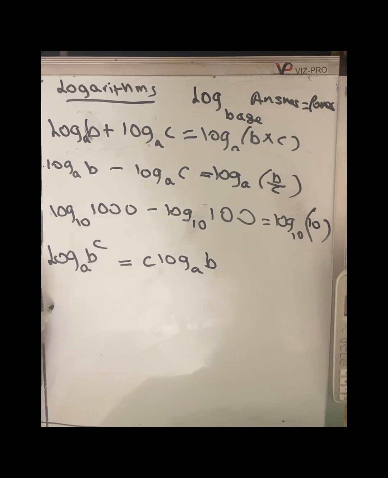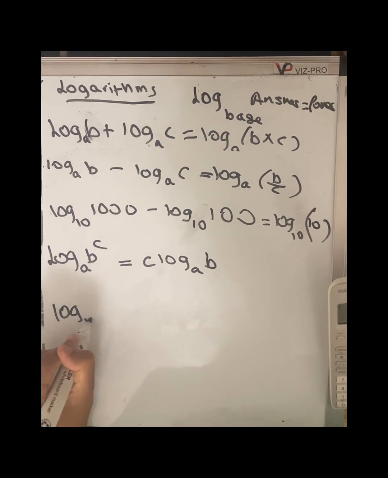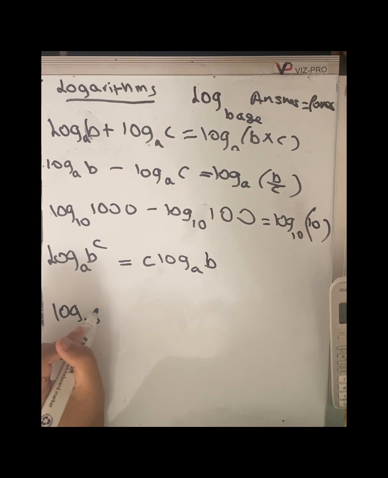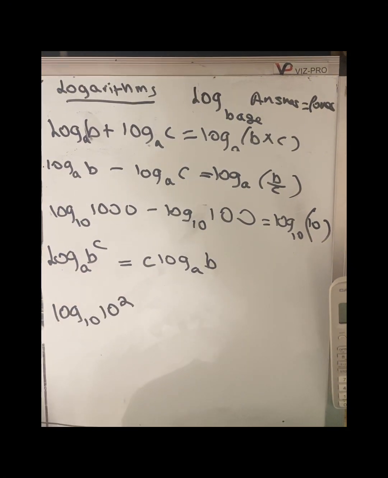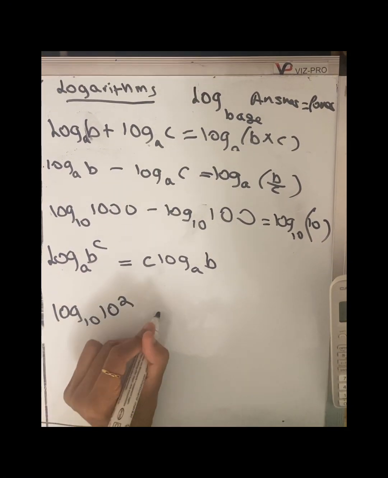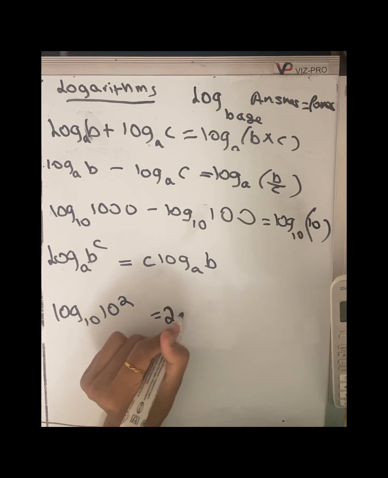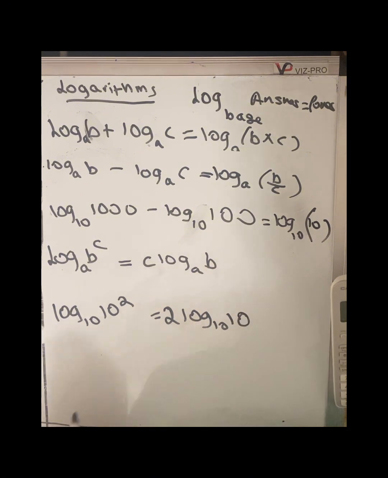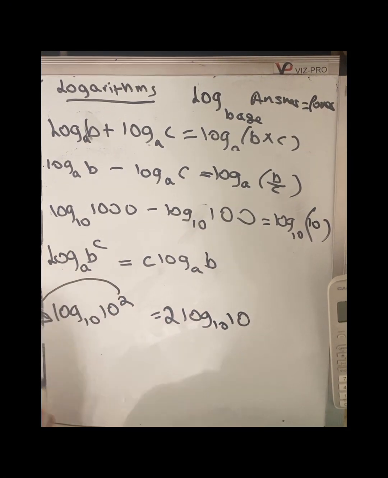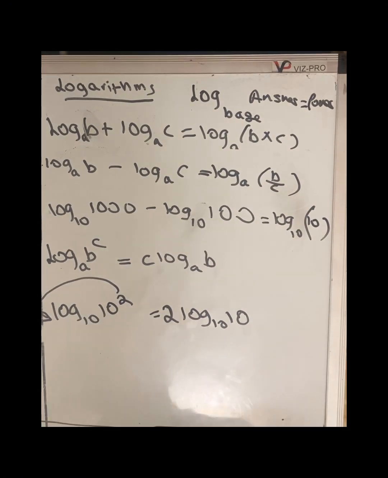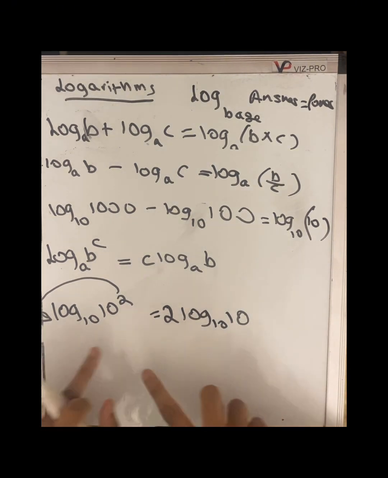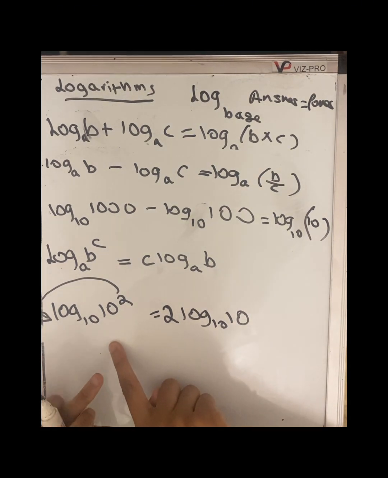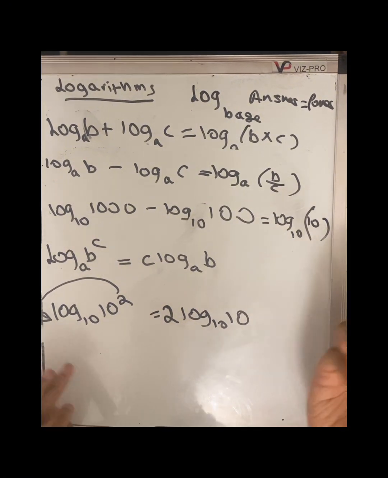If I had, keeping it base 10, log base 10 of 10 squared, that's going to equal 2 log base 10 of 10. That's an example of some manipulation you'd have to do. They'd ask you to write this in that form, or to give it as a single number, which would again just be 2.